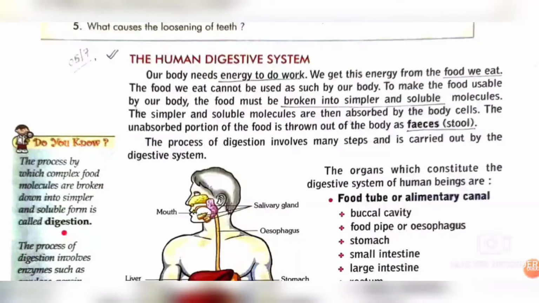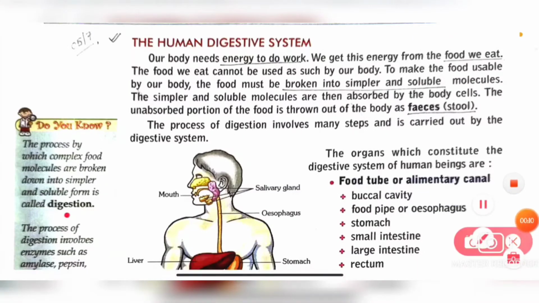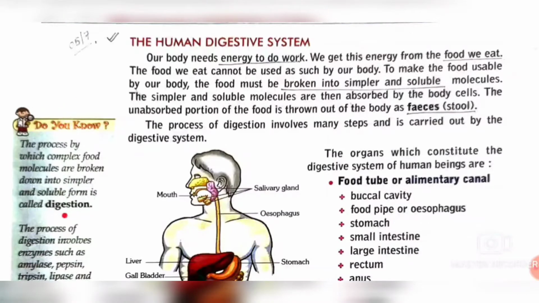Okay, so what is the meaning of digestion? তাহলে digestion এর মানে কি দাঁড়ালো? The process by which complex food molecules are broken down into simpler and soluble form is called digestion. All parts of the food do not break down and get digested. সব একটা খাবারের পুরো পার্টটাই কিন্তু digested হয় না.